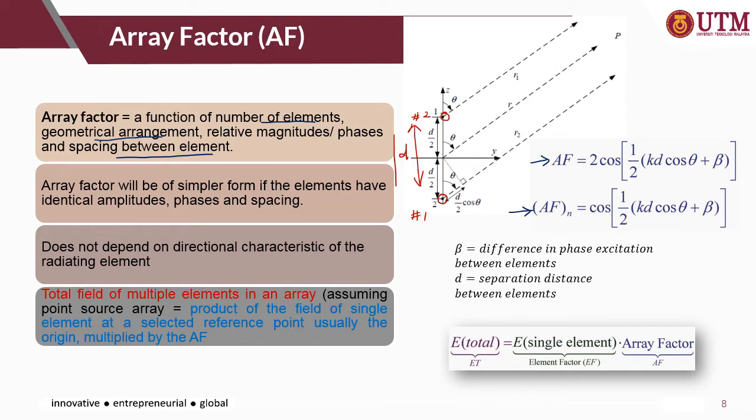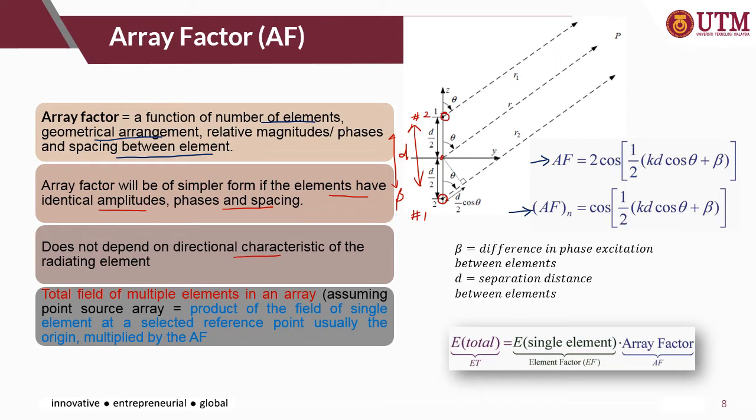So beta is somewhere here. Here is the origin at the center between the elements. Alright, and the array factor will be much simpler if all elements have identical amplitude, phase and spacing, and it does not depend on the directional characteristic of the radiating element.